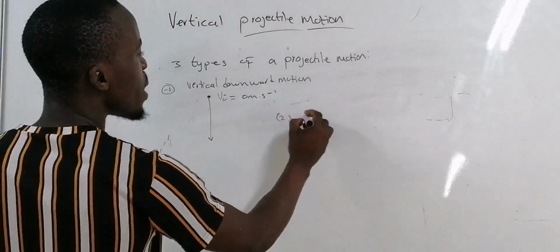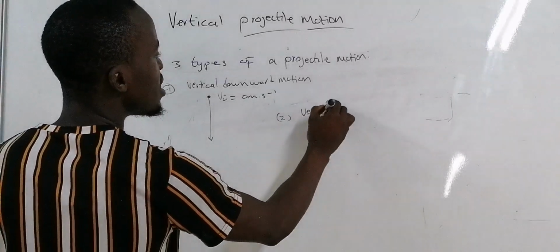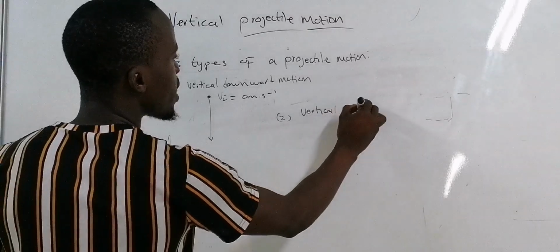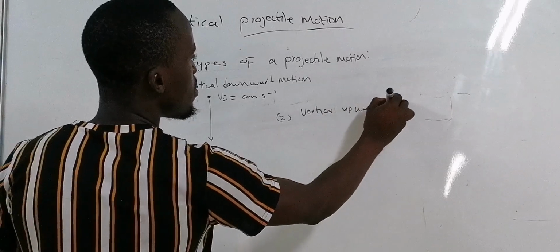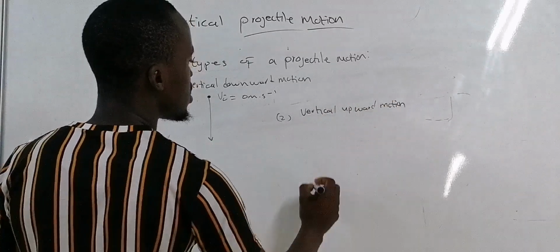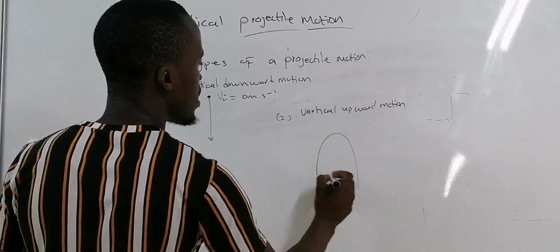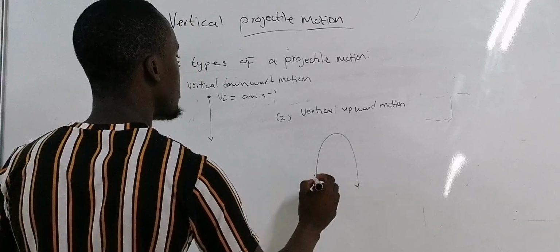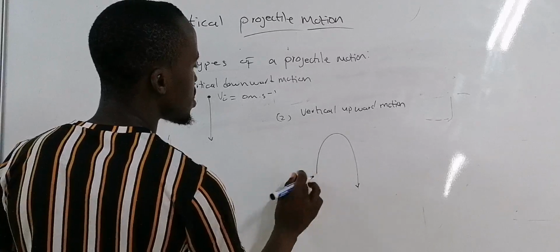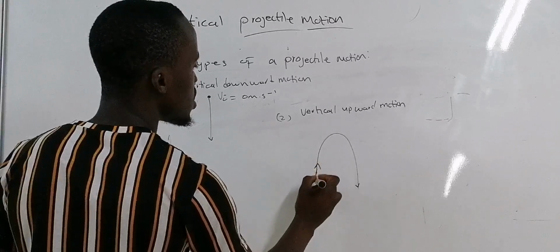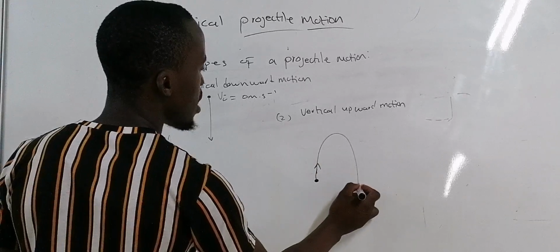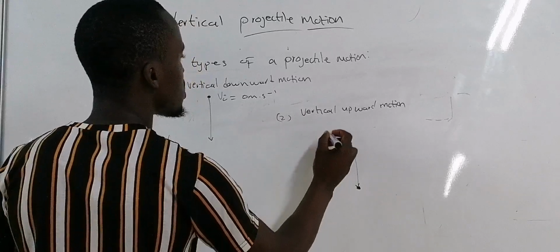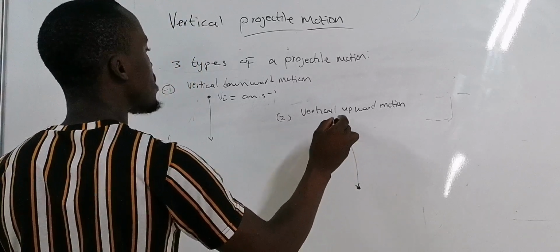Number two, we have the vertical upward motion, like a parabola. The object is projected upward. Then it reaches the maximum height.